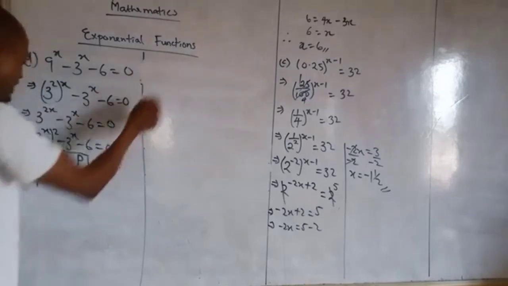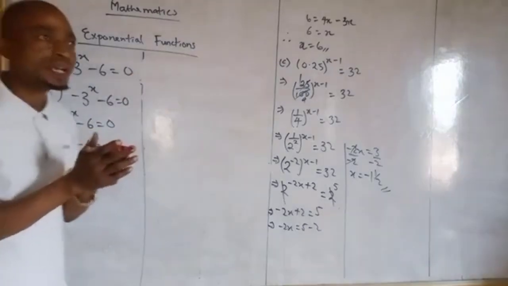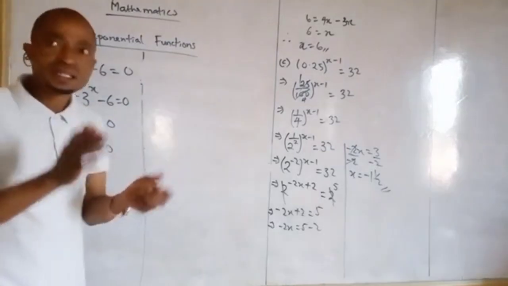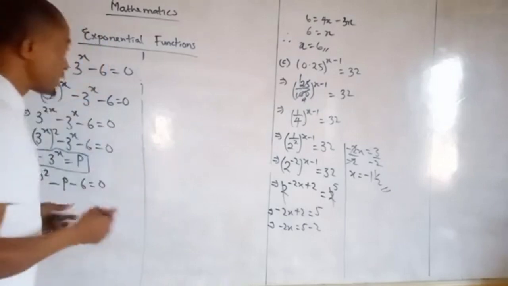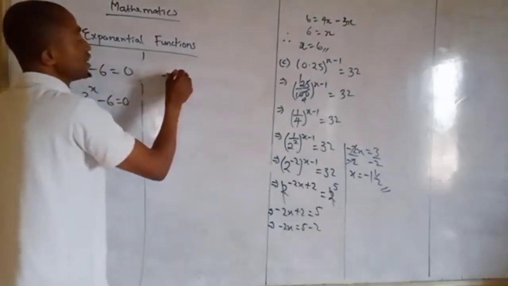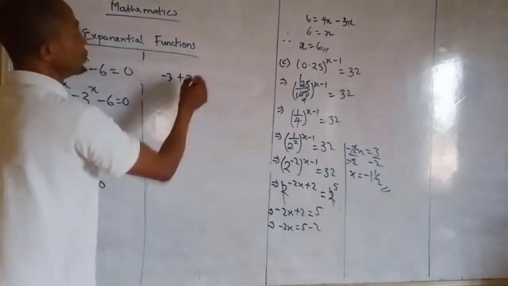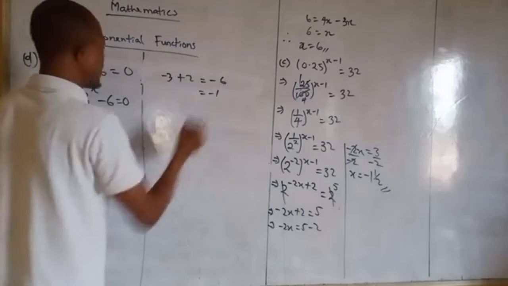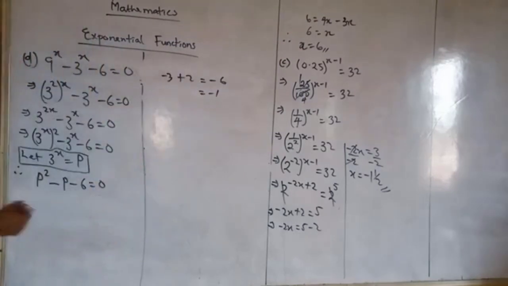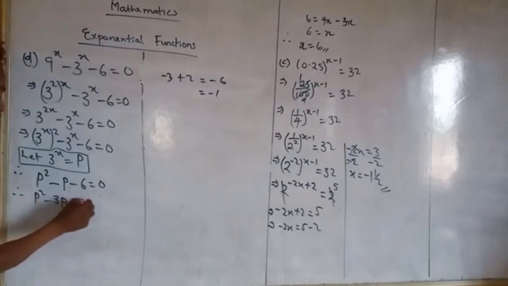So the numbers that multiply to give negative 6 and at the same time add to give negative 1 can only be negative 3 and positive 2. When we multiply these, we get negative 6. When we add, we get negative 1. So we write, therefore, we have p squared minus 3p, then plus 2p minus 6 equals 0.